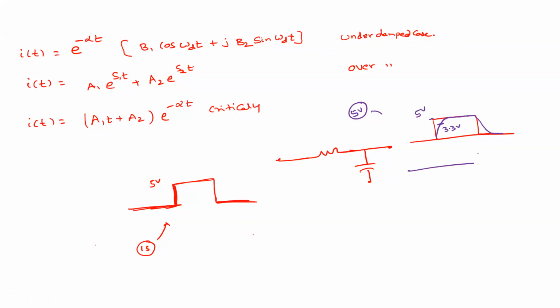That means this pulse is delayed by some portion of time, equal to when its value reaches 3.3 volts, and then it starts operating. This is how these delay circuits work.